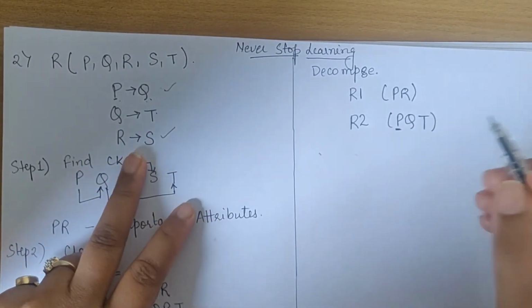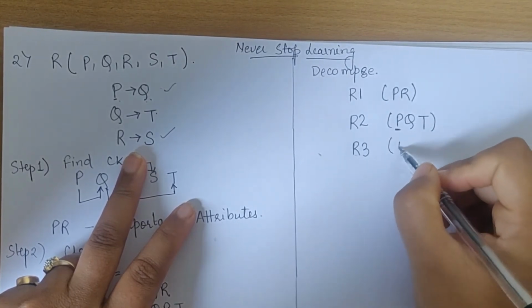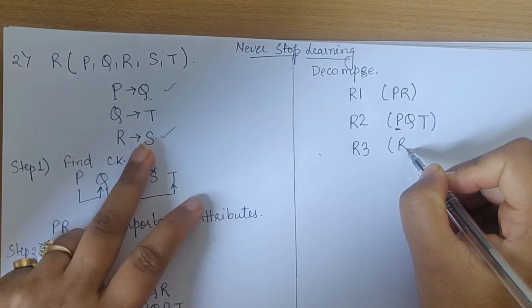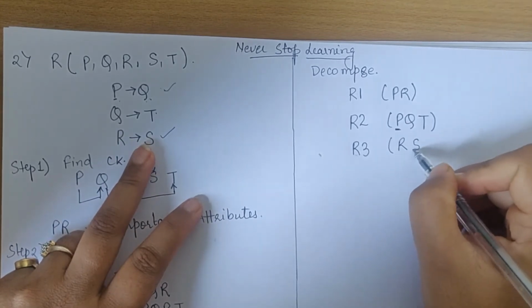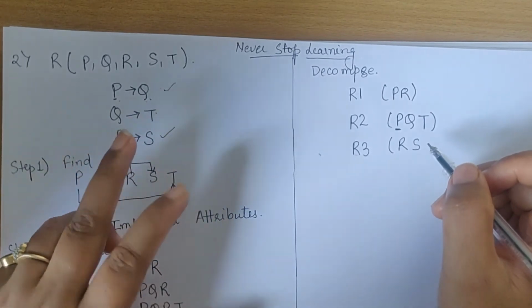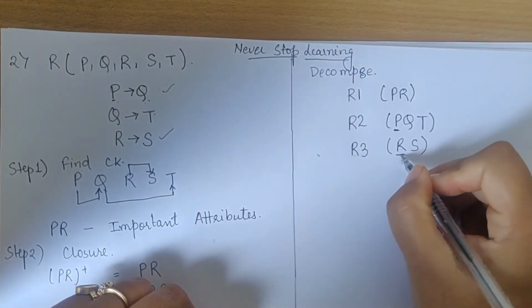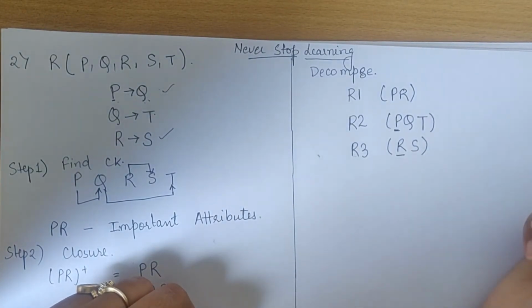Now because of this also there is a problem. So R3 will consist of R. R determines what? S. S determines anything? No. R determines anything else? No. So this table will consist of R and S, and for this table R will act as a key.